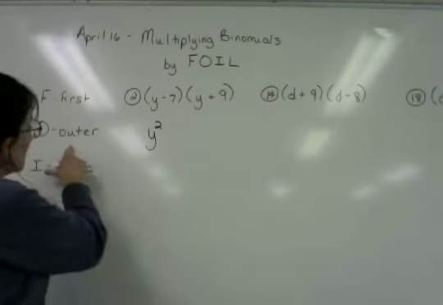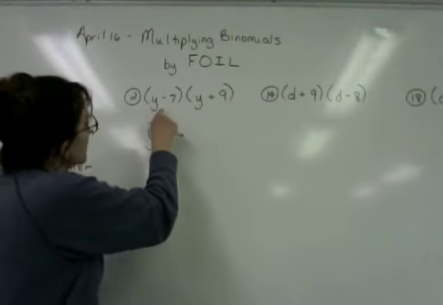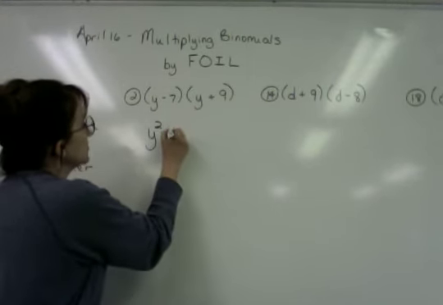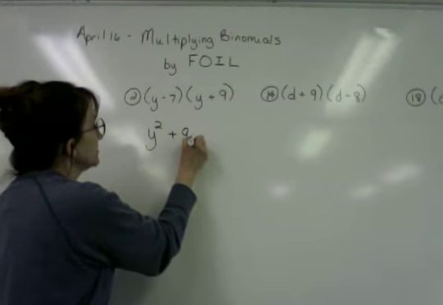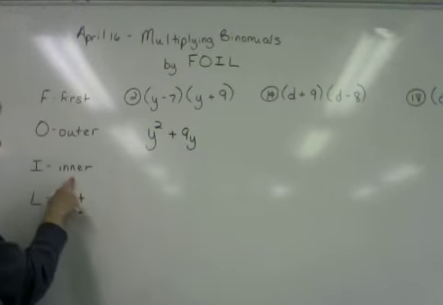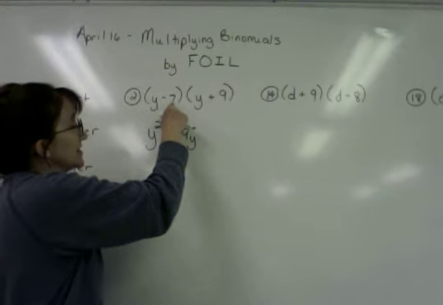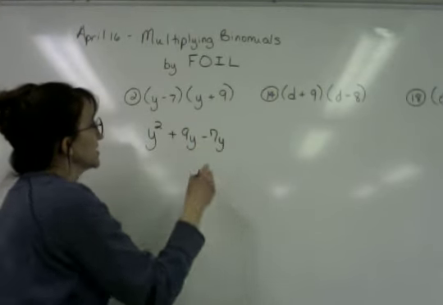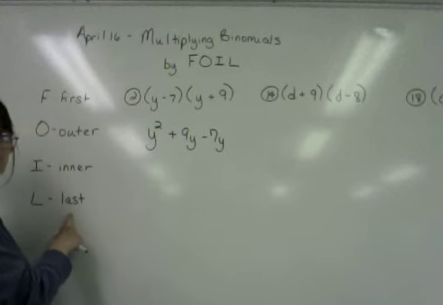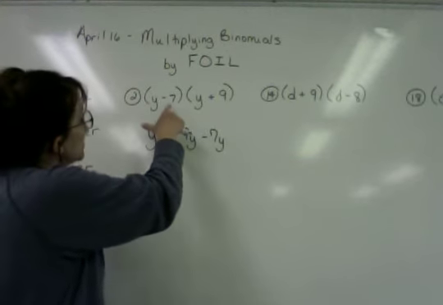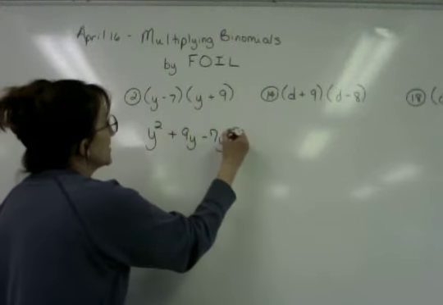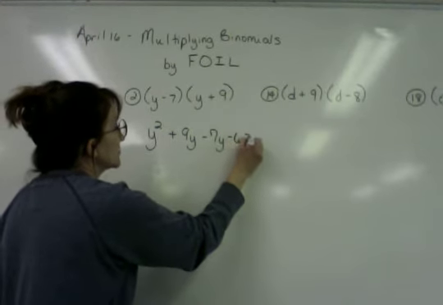Then I'm going to do my outer: I'm going to multiply y to the positive 9, and that becomes a positive 9y. Then my inner: multiplying the negative 7 to the y, so that's a negative 7y. And finally, I'm going to multiply the last terms. So I'll multiply the negative 7 to the positive 9, and that's a negative 63.